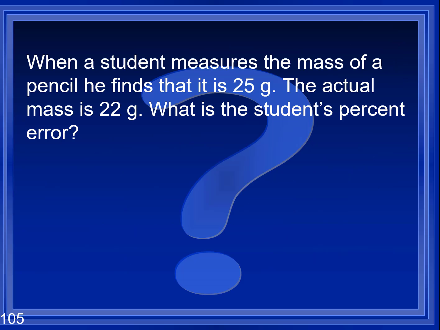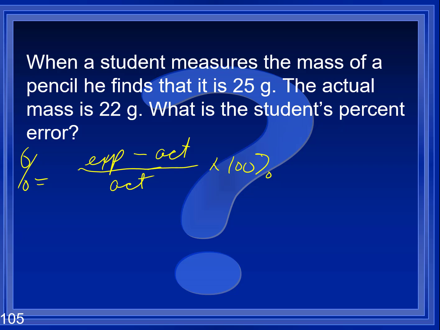Okay, a student measures the mass of a pencil. He finds that it's 25 grams. The actual mass is 22 grams. What is the student's percent error? So it's experimental minus actual over actual times 100%.